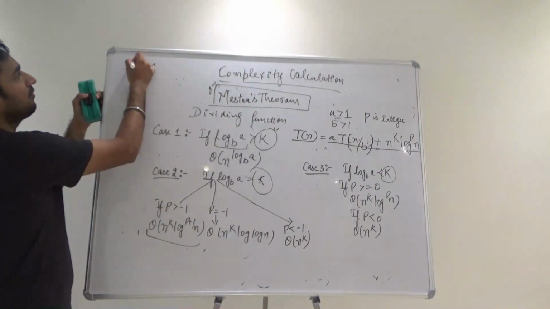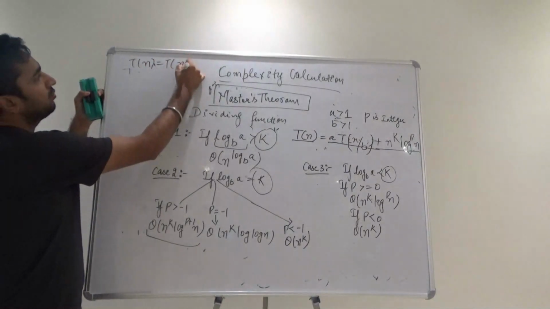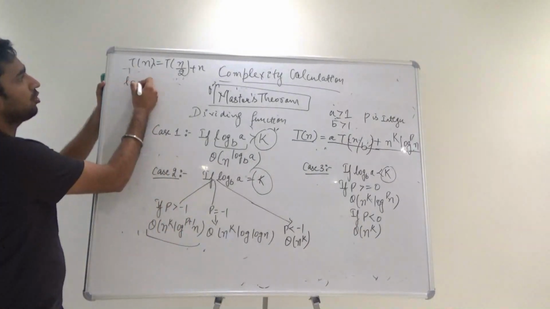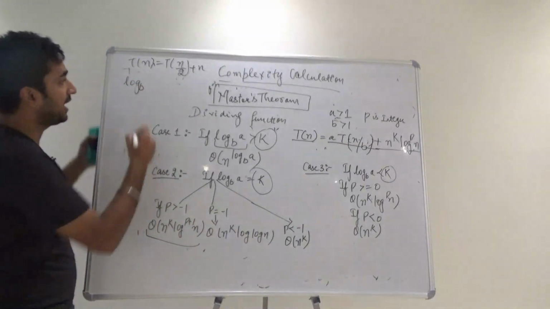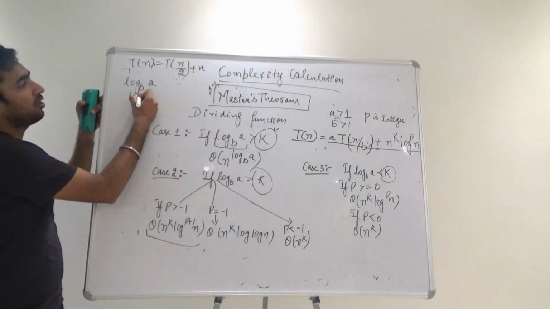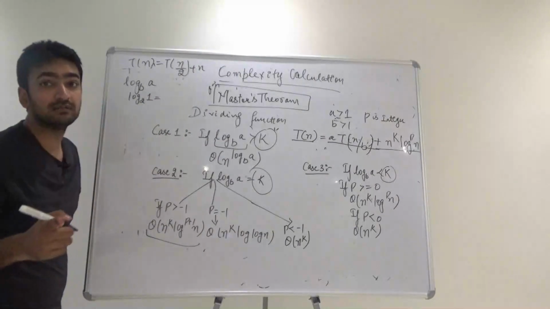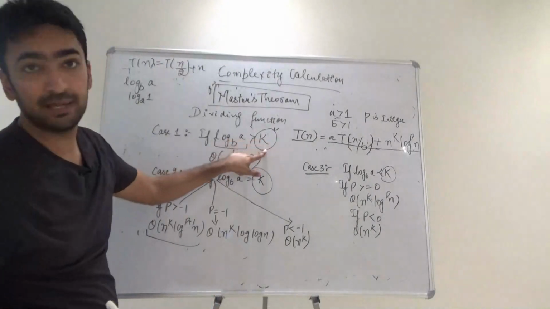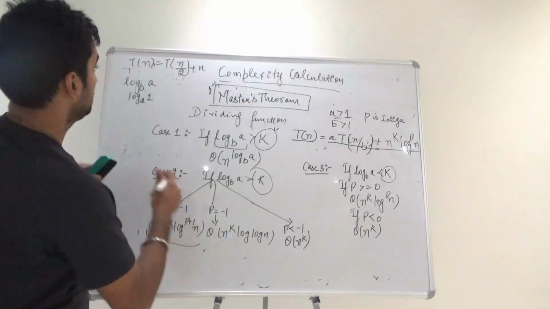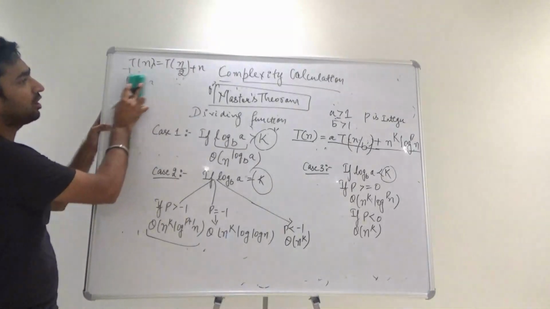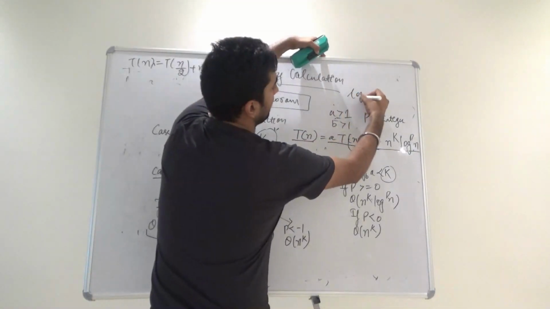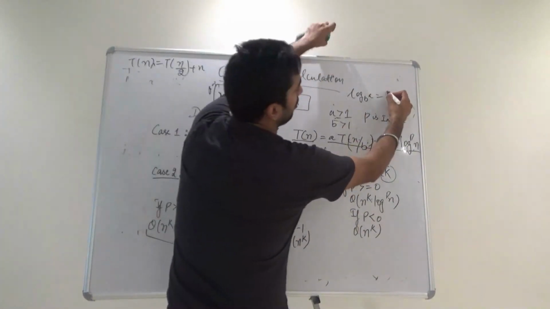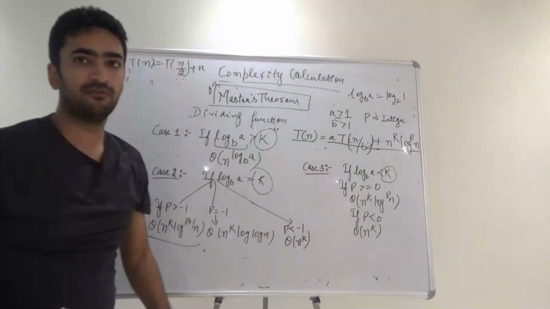Question is T(n) = T(n/2) + n. We have to calculate first log base b of a, which is log base 2 of 1, and I have to compare it with k. So what will be the value of k? Since I have to compare, we have log base 2 of 1.